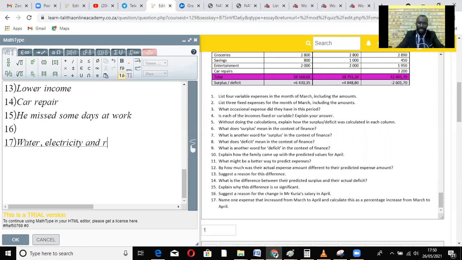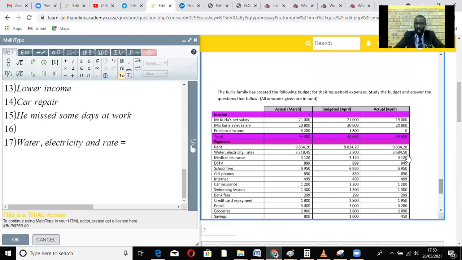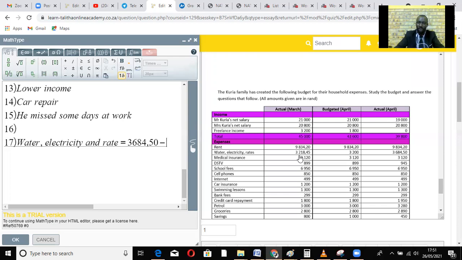We're supposed to calculate it. When we look at how it changed, it increased to 3,684.50. Now, from it we are going to subtract the original value, which is 3,218.45.